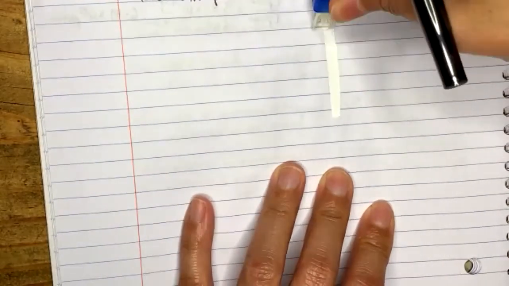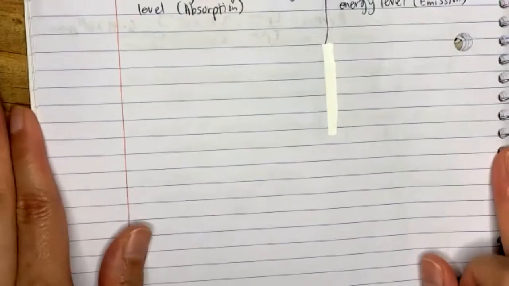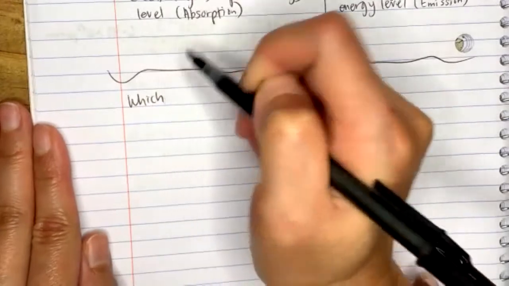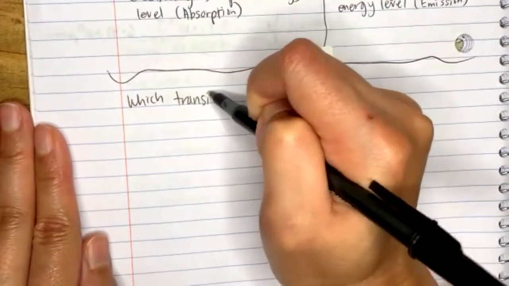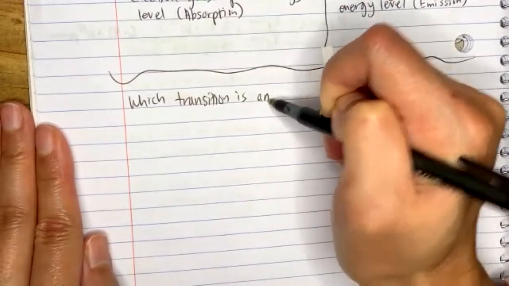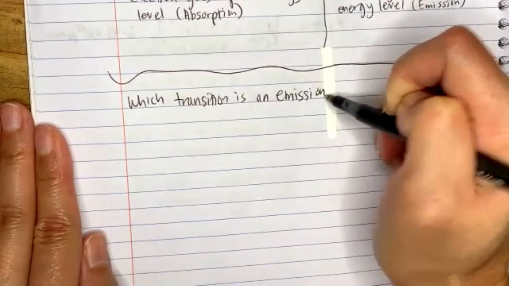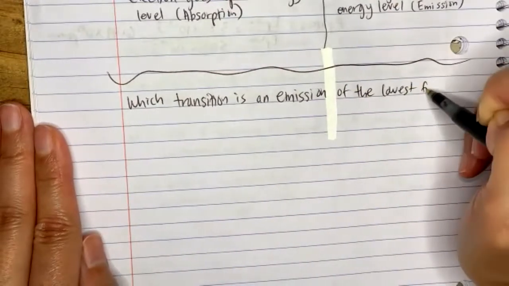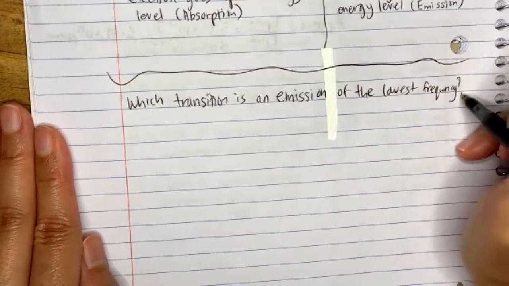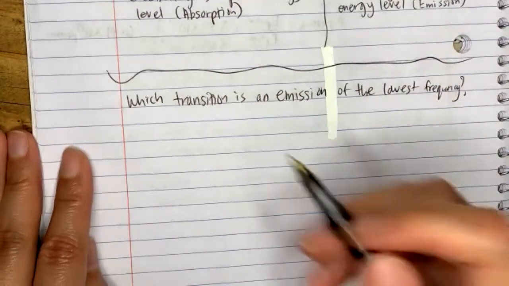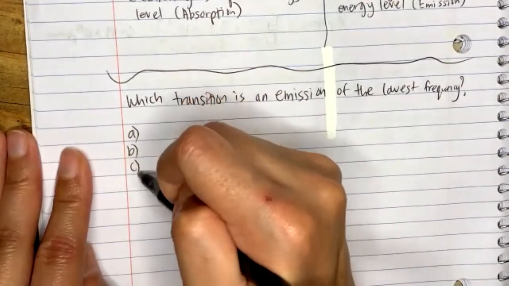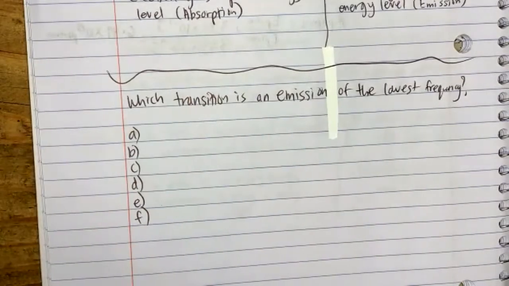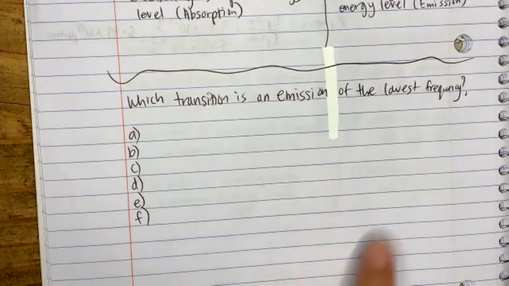All right, so my question is, which transition is an emission of the lowest frequency? Okay, so I'm going to give you a bunch of options, A, B, C, D, E, F, because I'm going to ask you other questions based on this A, B, C, D, E, F.